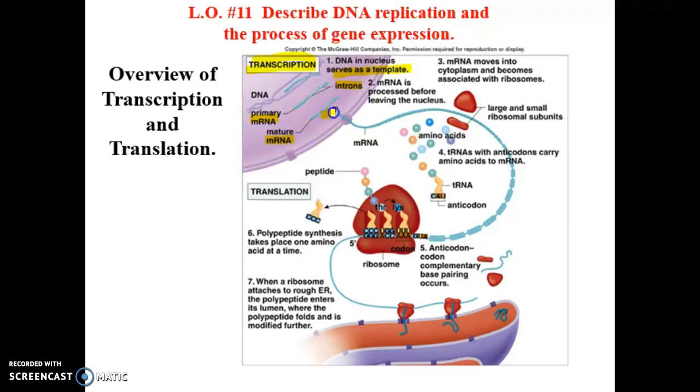This strand leaves the nucleus, goes to the ribosome, and at the ribosome, this is where it's going to be read, or we say translated. So transcription's inside the nucleus, translation is out here at the ribosome.